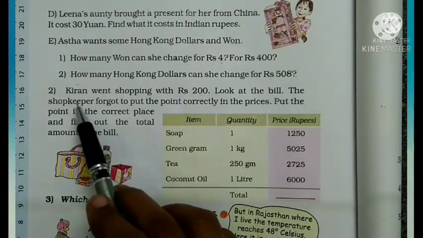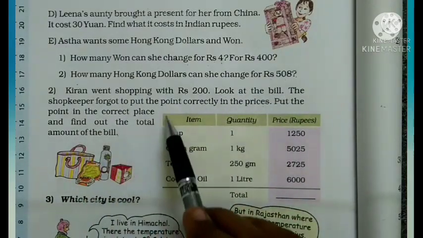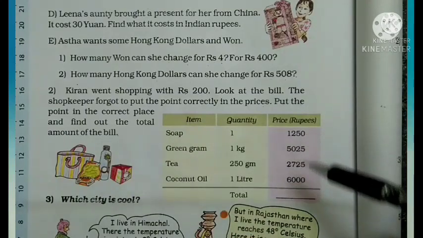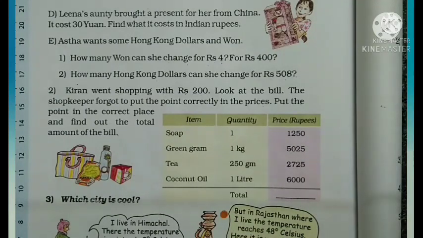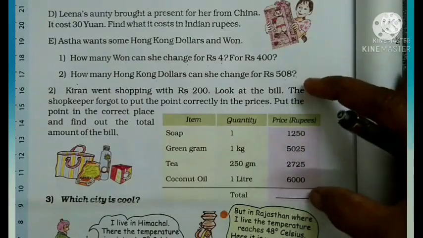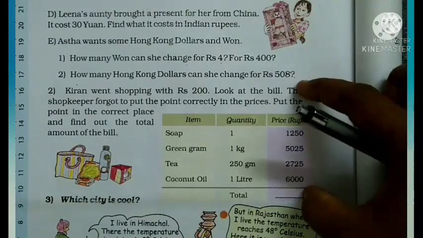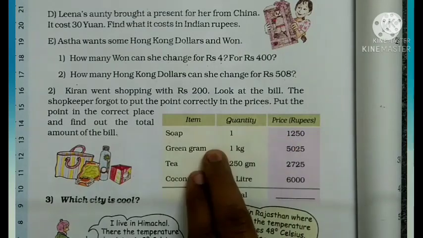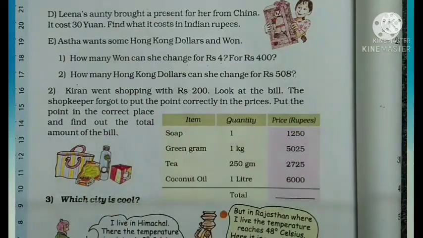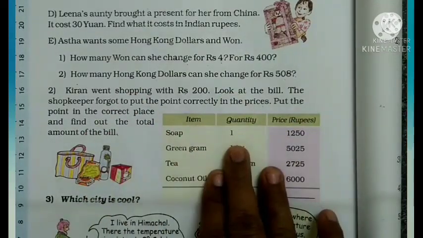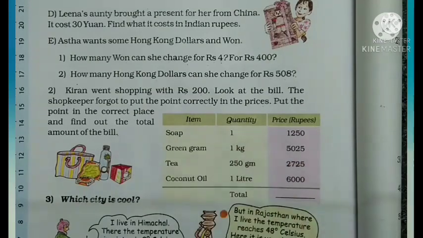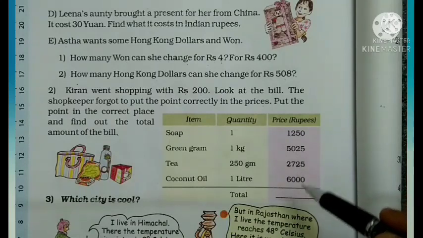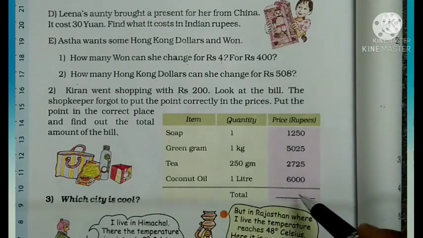First, you can write this question in your notebook. After that, you can draw this tabular column without the decimal point or total. Completely write the question. After finishing this tabular column and question, you can draw this tabular column once again, and then put the decimal point and find out the total.